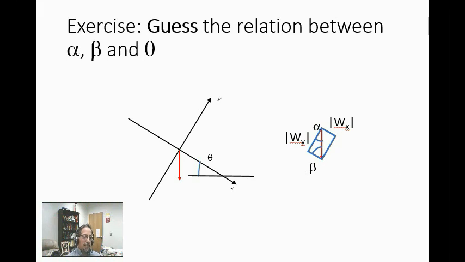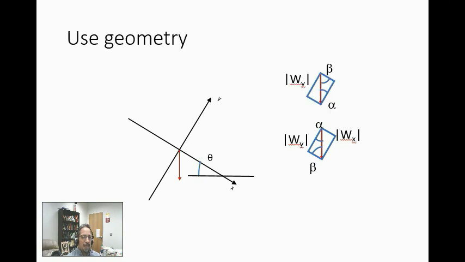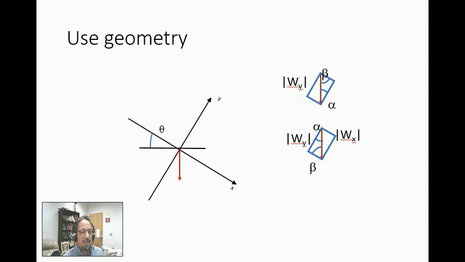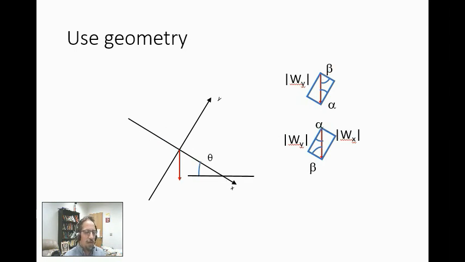Okay, what did you guess? Let me demonstrate the answer. Okay, so we're going to use geometry to answer these questions. Where is this angle theta? Right here. Look at that, it's moving back and forth.